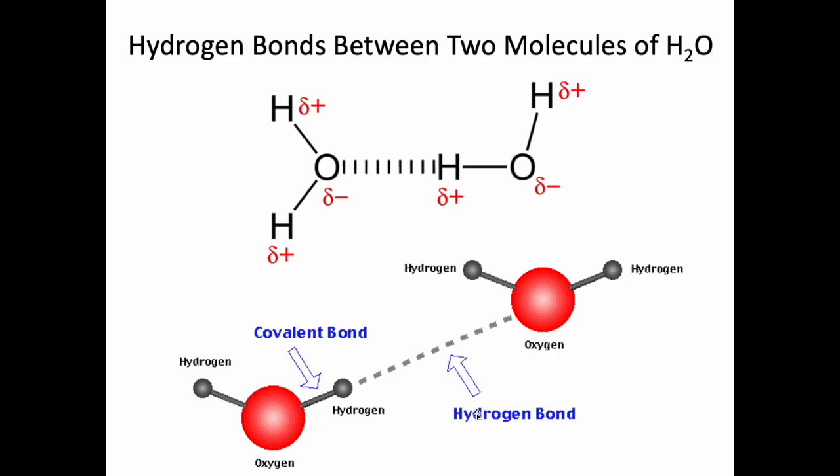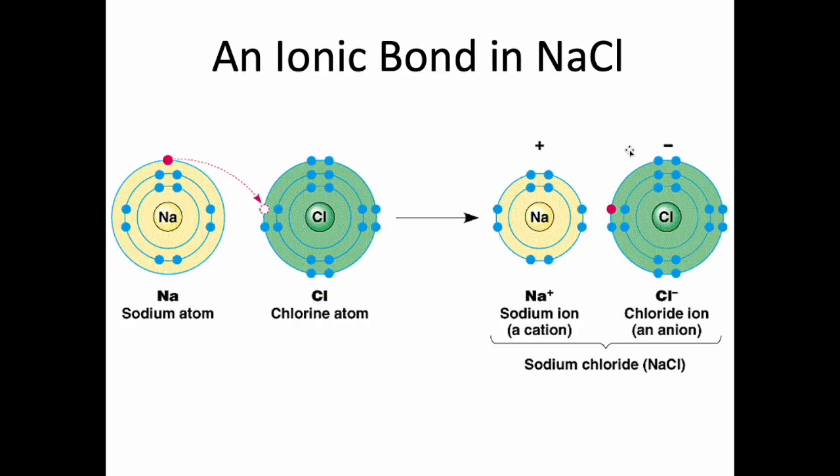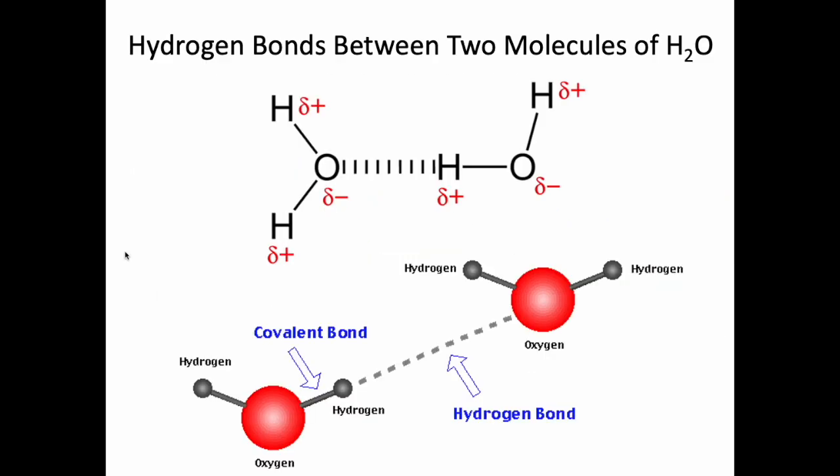The hydrogen bond is the interaction between these two separate molecules. Hydrogen of this H2O, oxygen of this H2O, there's the hydrogen bond. As you could probably guess, this is the weakest of the three. It's definitely weaker than an ionic bond. This is a full positive and full negative. Obviously, partial positive, partial negative is going to be weaker.